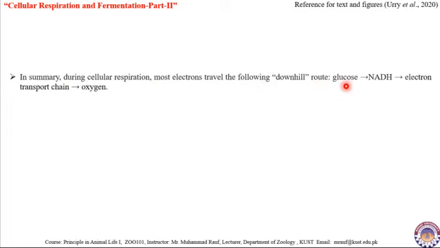So first, glucose is broken down, molecules of NADH are produced, pyruvate is broken down, in Krebs cycle molecules of NADH are produced, and then these NADH molecules shuttle their electrons to electron transport chain, and then electron transport chain has oxygen at its end, so these electrons become part of oxygen forming water, and in this process energy is liberated, which is used to draw protons into the intermembrane space, and then these protons return back to the matrix via ATP synthase and ATP is generated.